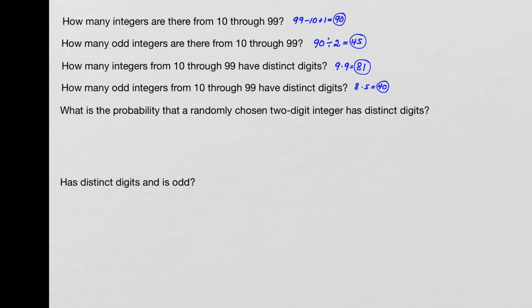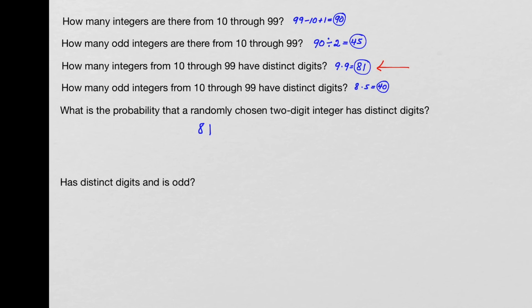All right, so now, what is the probability that a randomly chosen 2-digit integer has distinct digits? So for a randomly chosen 2-digit integer, that would be the 81 that we got. That's from here.